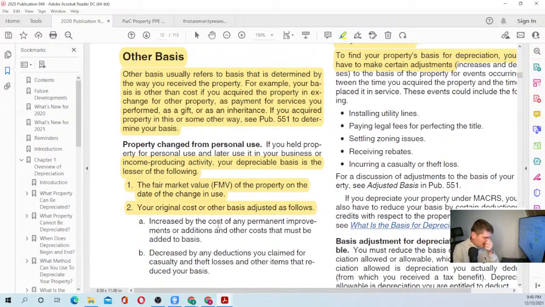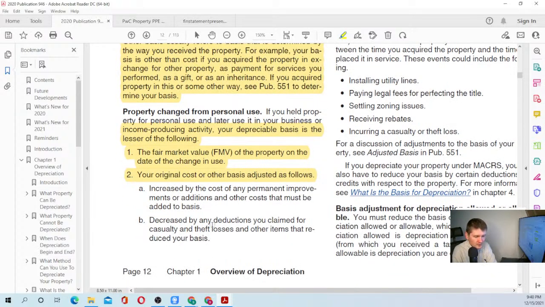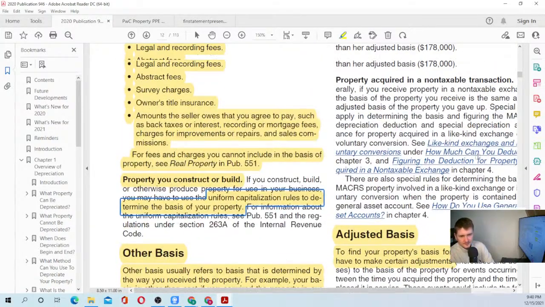If you made an improvement, you need to take those improvements into account. Or if you claimed any deductions related to casualty and theft, you need to adjust for that too.